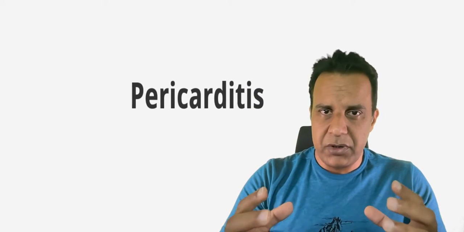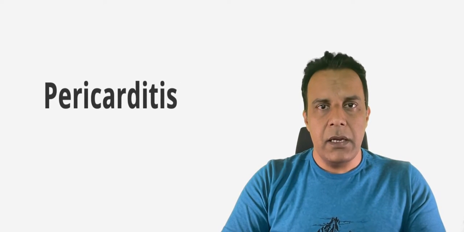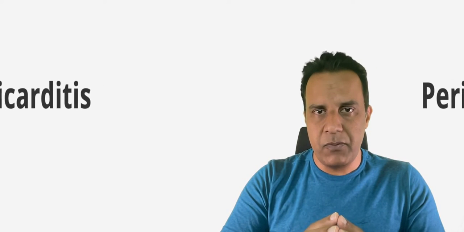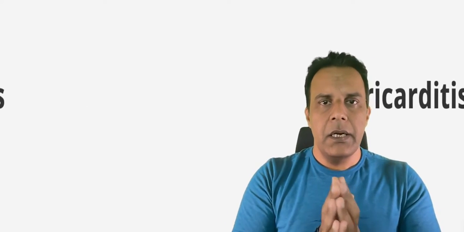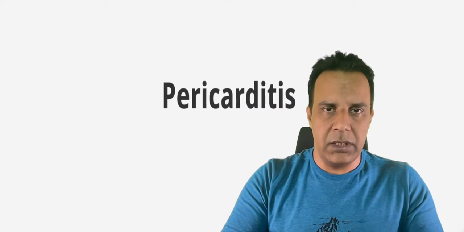The patient can be treated with ibuprofen, paracetamol, or over-the-counter painkillers. In most cases, they start feeling well in a few days to a few weeks. However, in a few instances where the patient does not improve, we may need to give them colchicine.